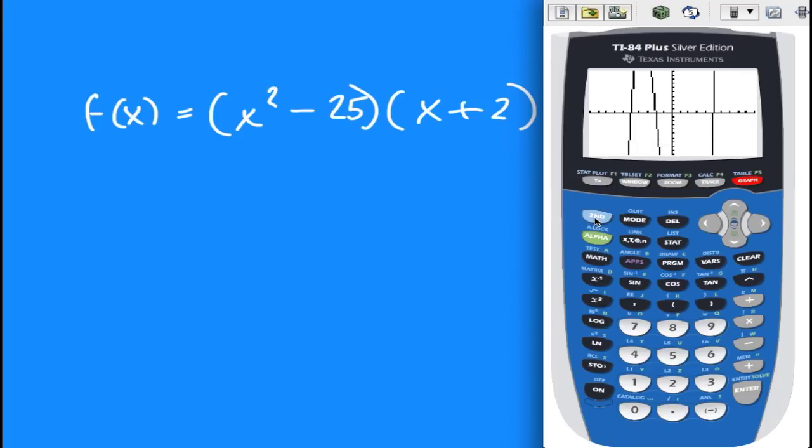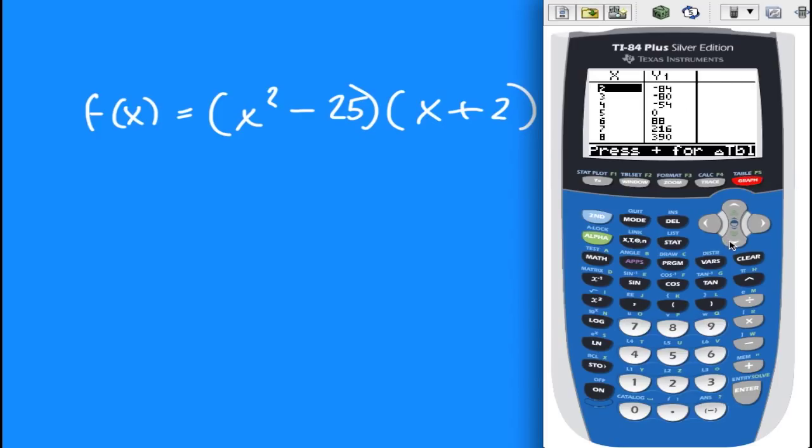Now for your y-intercept, you go to second graph, which gives you the table, and there you can also see that at 5 there's a 0, at -2 there's a 0, and at -5 there's a 0. So those are your x-intercepts. Your y-intercept is the number next to the 0 on your x. So at x 0, y is -50. So our y-intercept would be -50.